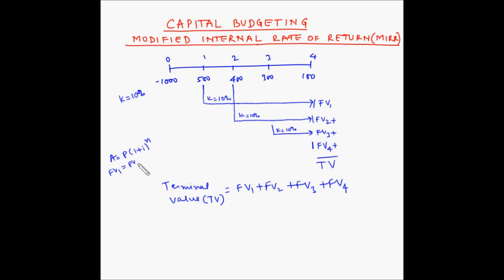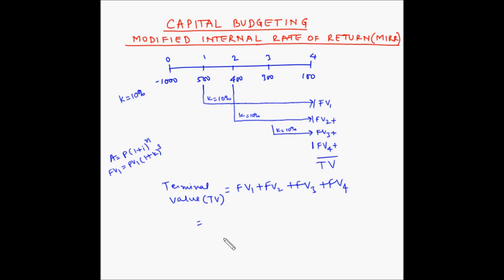So let's say this is PV1. 1 plus I is nothing but 1 plus 10% or K, and N will be the tenure for which the amount is being deposited. So in case of the first cash flow, FV1, it is 1, 2, 3 years. So FV1 is PV1 into (1 plus K) to the power 3.